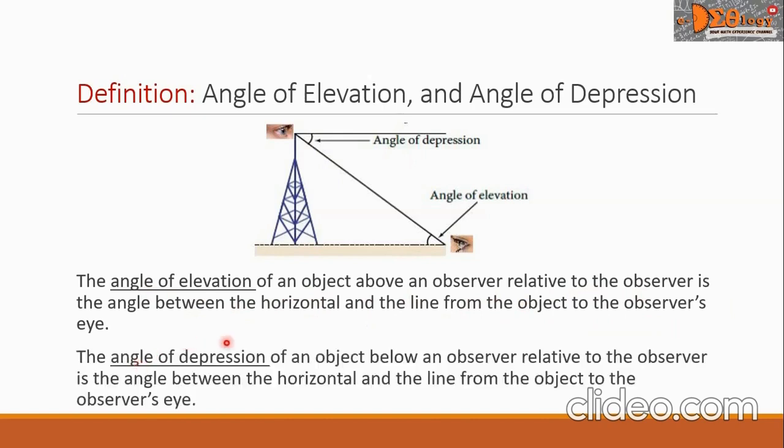The angle of depression of an object below an observer relative to the observer is the angle between the horizontal and the line from the object to the observer's eye. One important relationship of the angle of depression and the angle of elevation, they are equal.